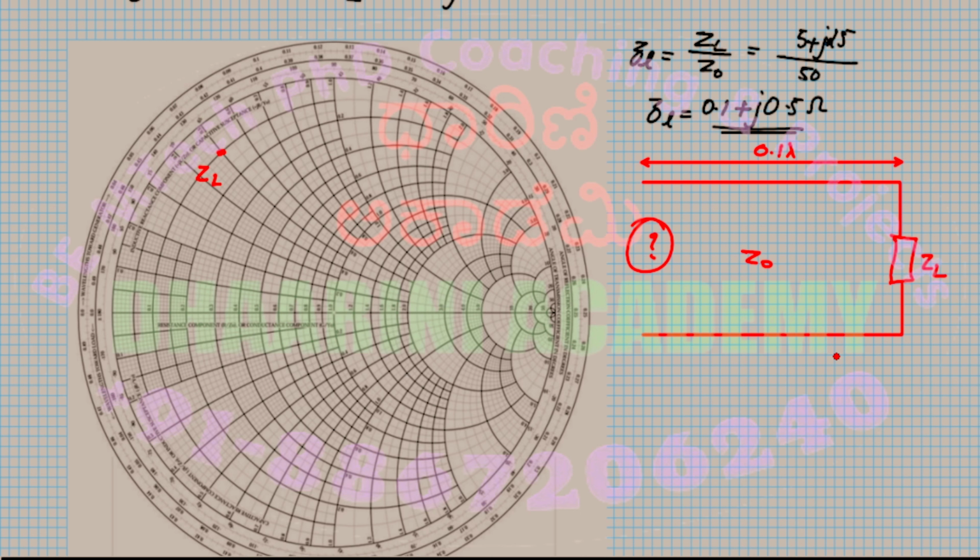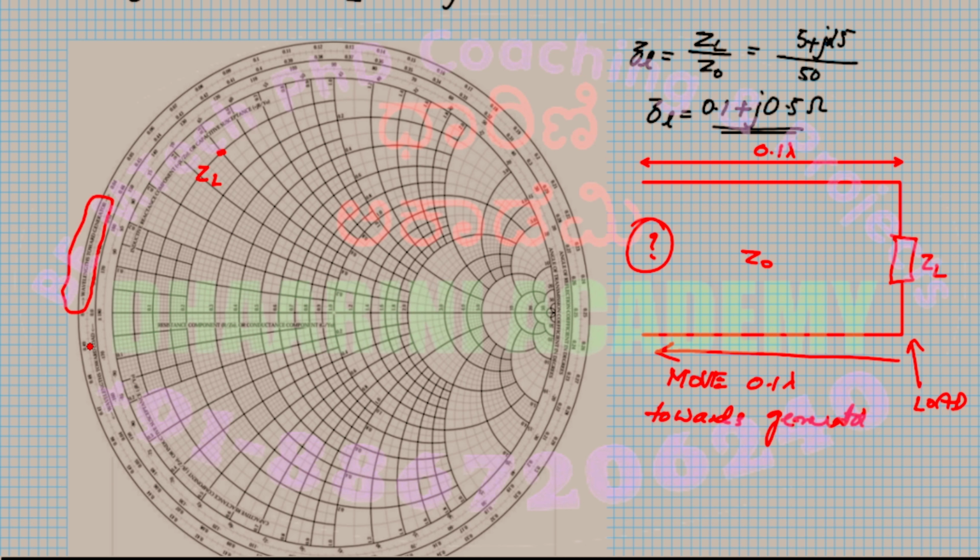So you see, I have to move 0.1 lambda towards the generator, correct? This point is the load. From the load, move towards the generator. So you can see something written over here.